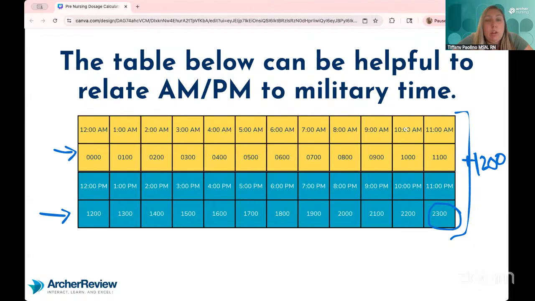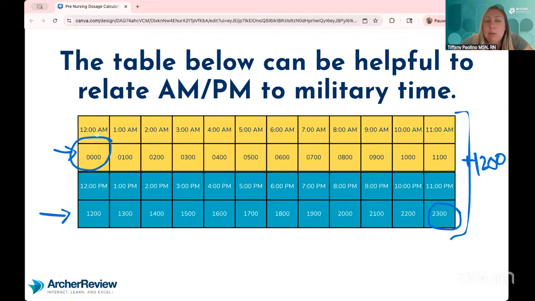So really, if you look at all of them, right? 9, add 1200 to it, 2100. 6 a.m., 0600, you add 12 to it, 1200 to it, and you get 1800. So that's what I want you to remember. One big thing to note, this is how it's a little different than military time, because if you are in the military, you know about military time. The military calls this 2400.